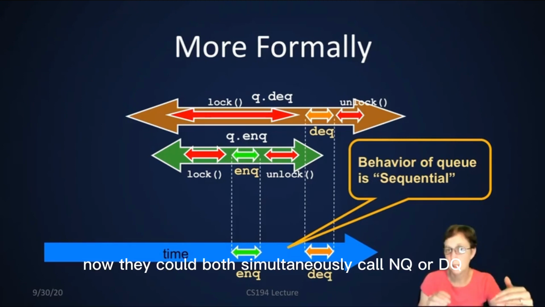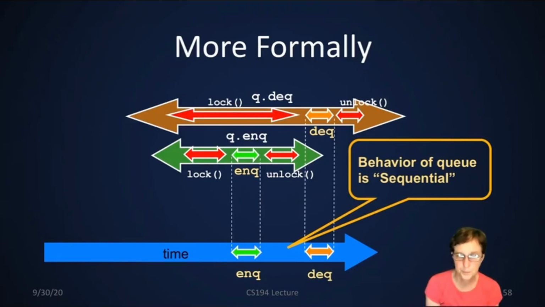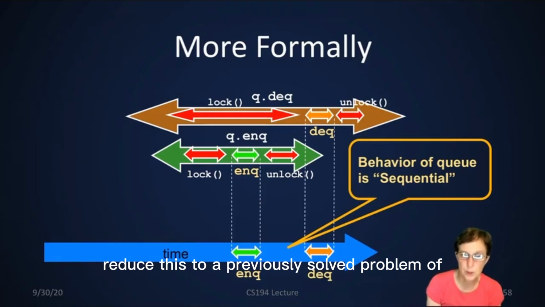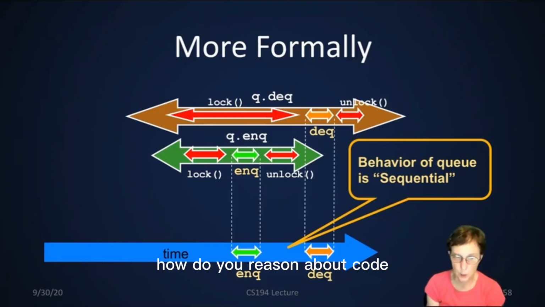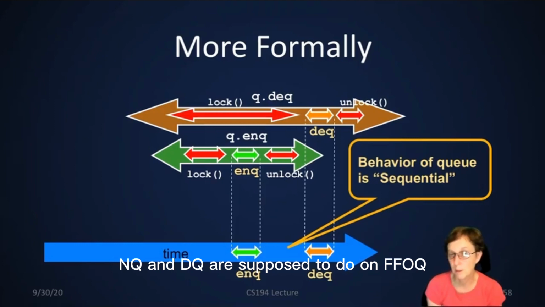Now they could both simultaneously call NQ or DQ, but they can't execute the interesting code in parallel. And so that says that down here, we're going to have a serial execution. And now we can reduce this to a previously solved problem of how do you reason about code, because we know what NQ and DQ are supposed to do on a FIFO queue.